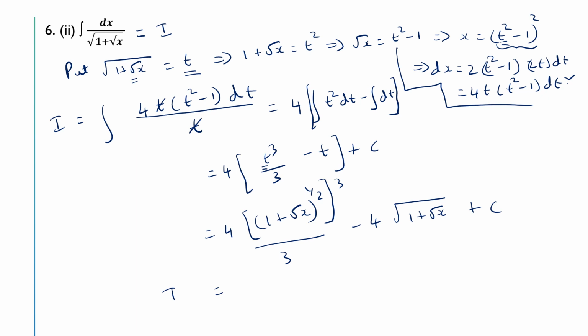So the answer is I is equal to 4 by 3 into 1 plus root x the whole raised to 3 by 2 minus 4 into root of 1 plus root x plus c. So this is the given integral.